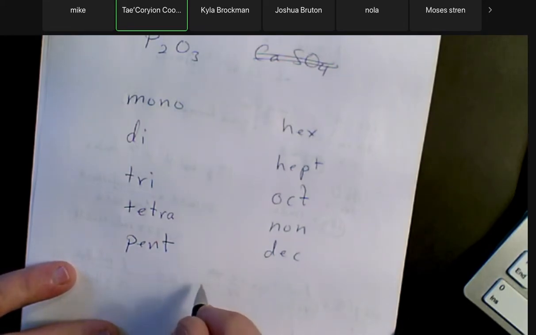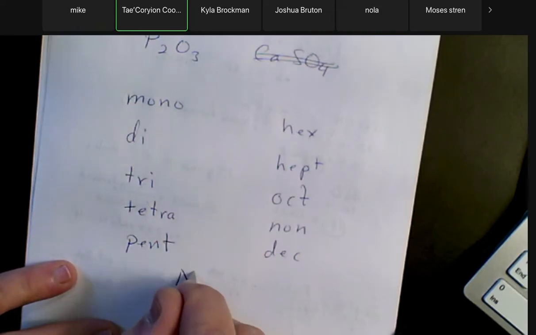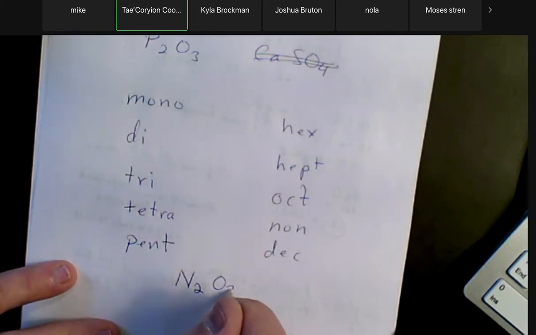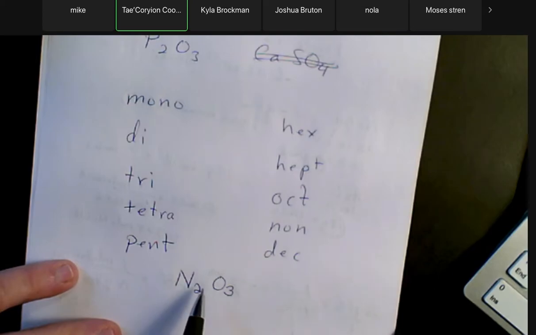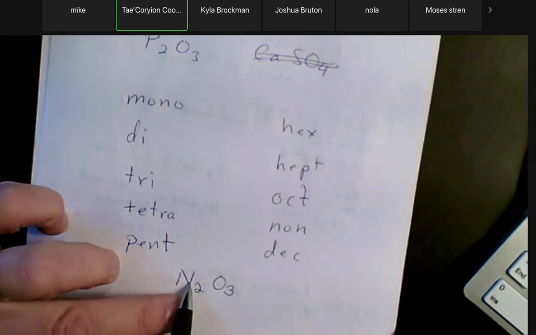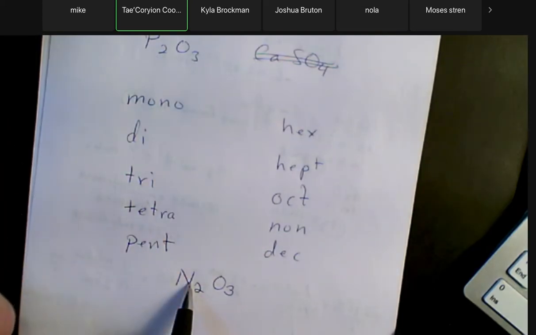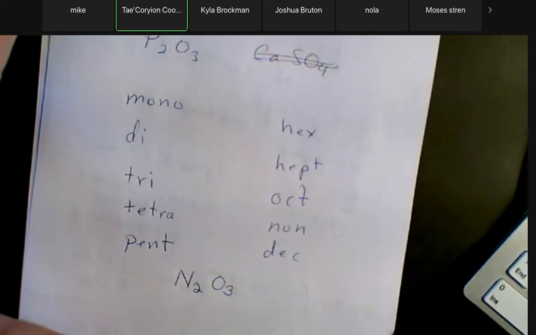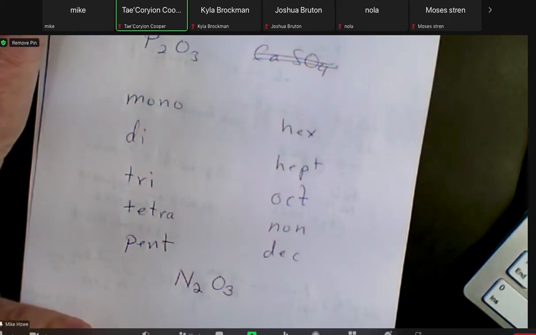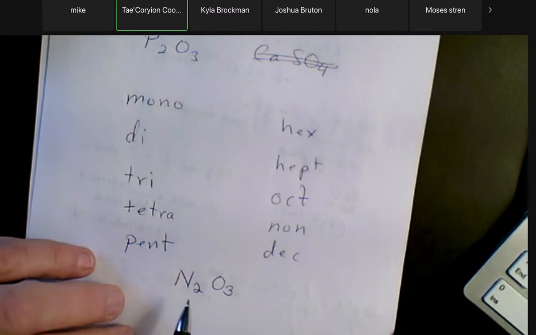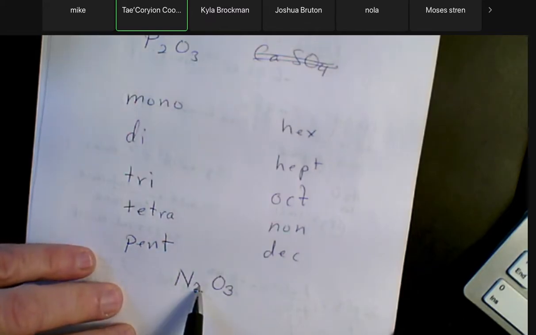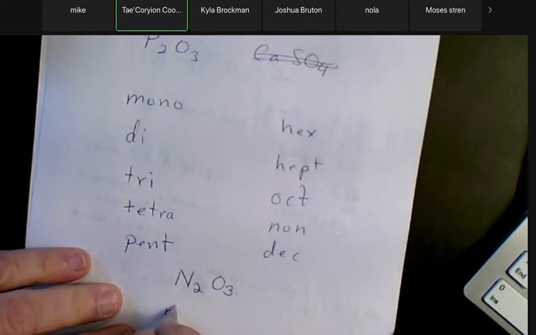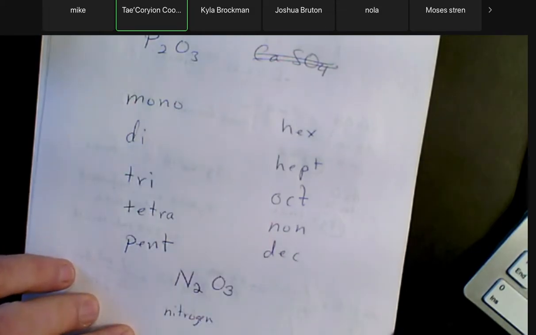So looking at a couple of examples, if I have that compound, N2O3, which prefix would you use? Can anybody tell me? How many nitrogens? 2. Yeah, so which one of these prefixes means 2?